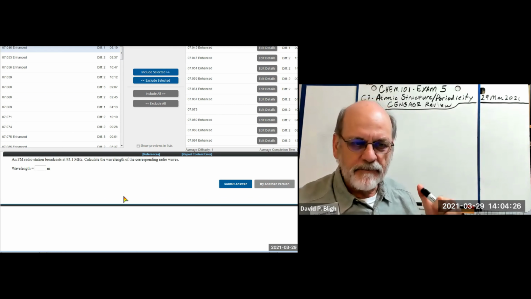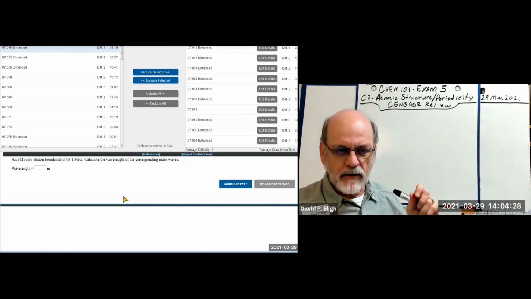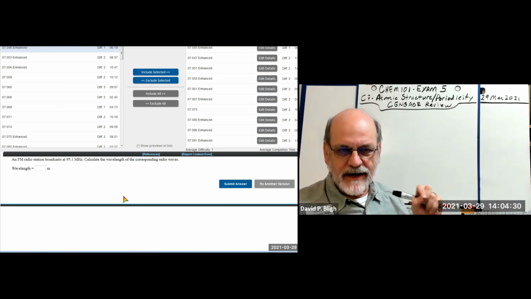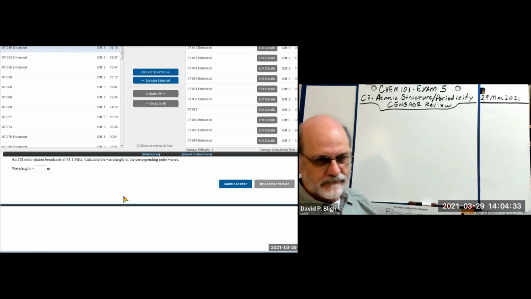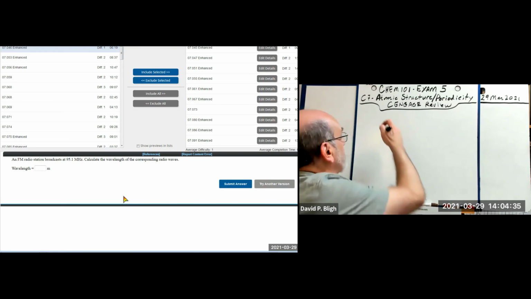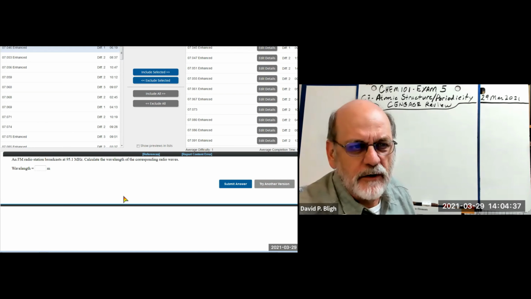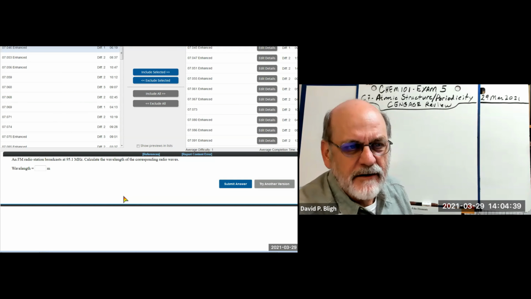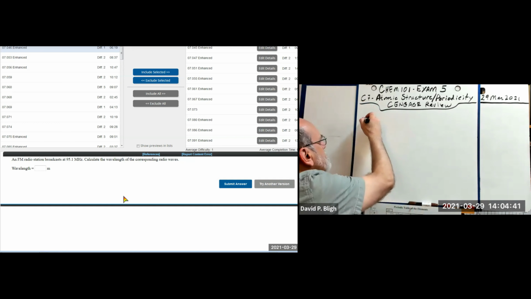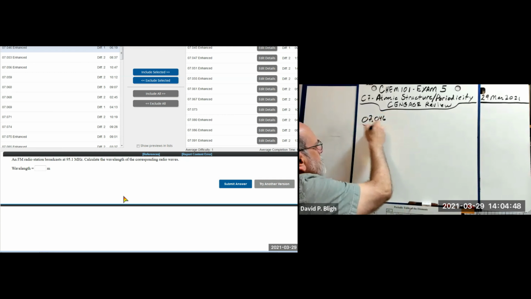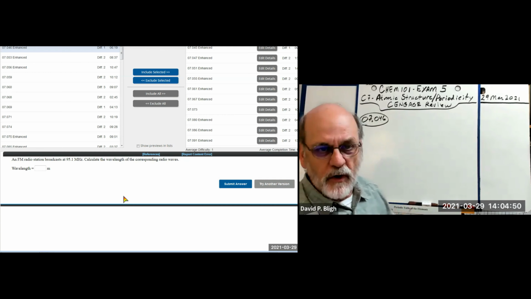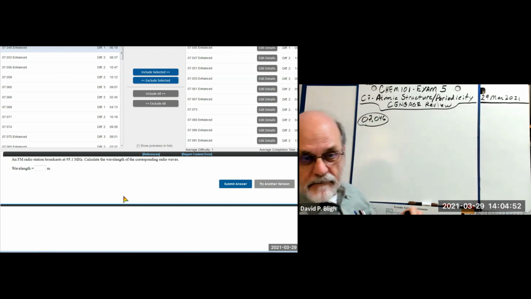For this problem, an FM radio station broadcasts at 95.1 megahertz. So that's the problem we're working on. So we're given this frequency.